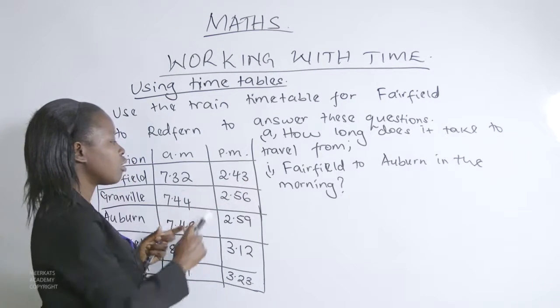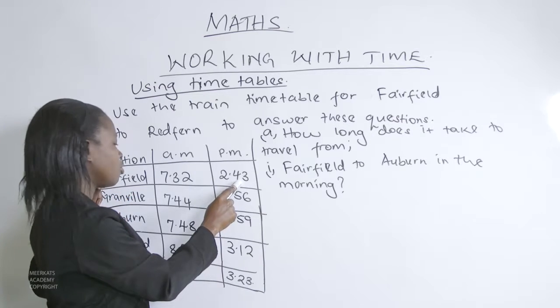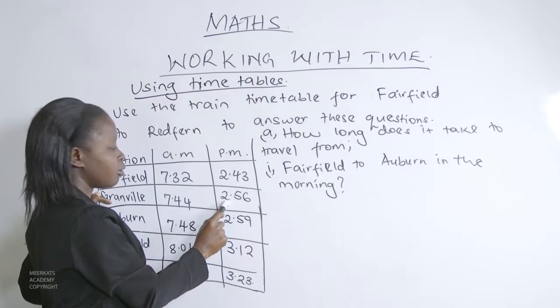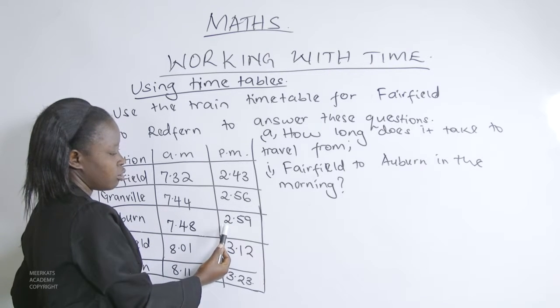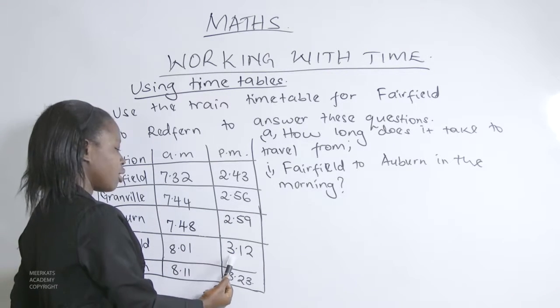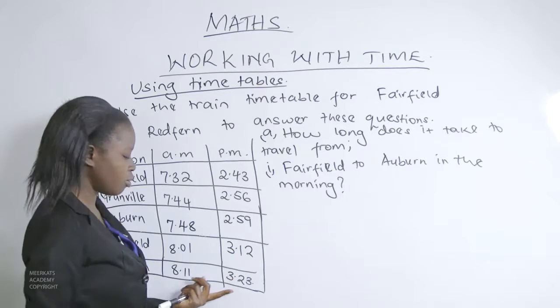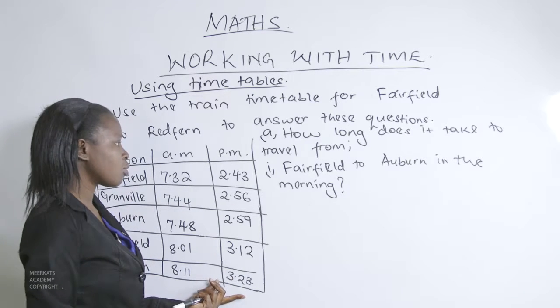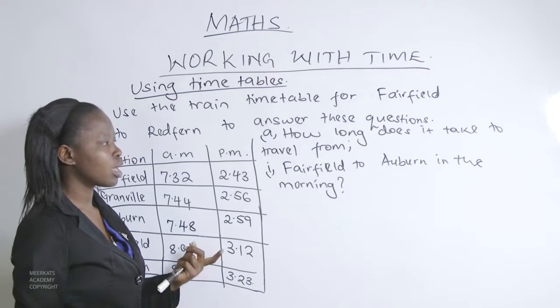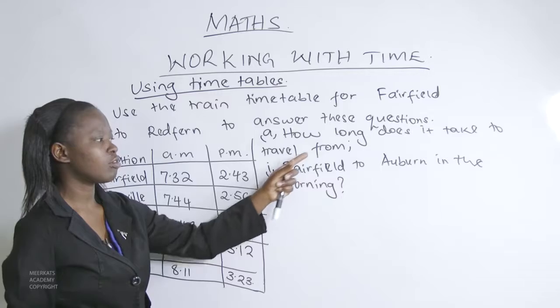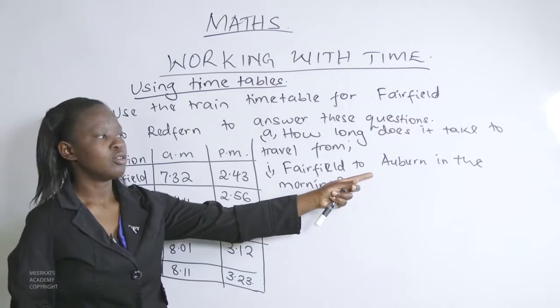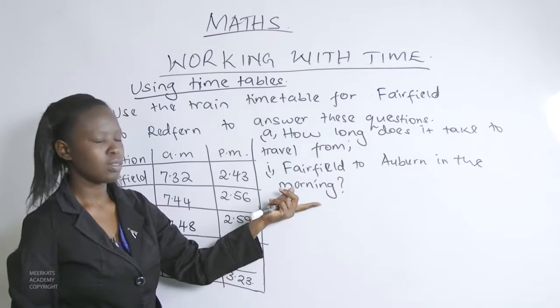In the afternoon, we have 2:43 at Fairfield. Then Granville, we have 2:58. Auburn, we have 2:59. Ashfield, we have 3:12. And Redfern, we have 3:23. So the first question we are required to answer is, how long does it take to travel from Fairfield to Auburn in the morning?